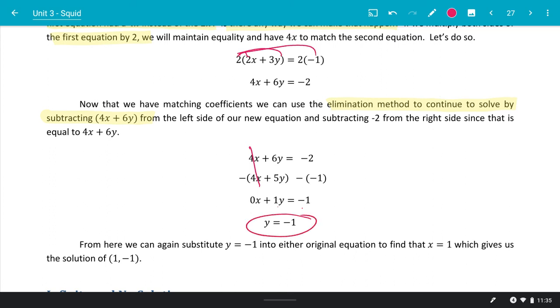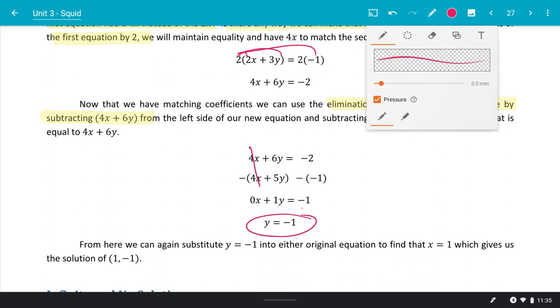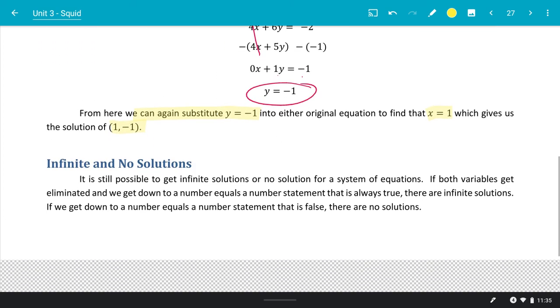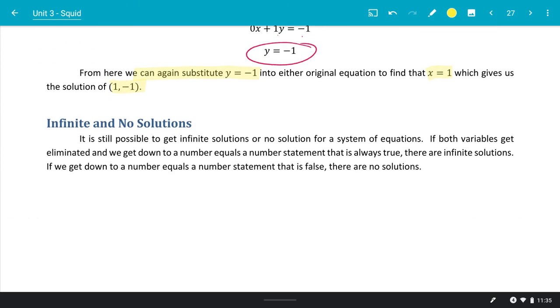So y equals -1. From here, we can again substitute -1 into either original equation to find that x equals 1, which would give us the solution 1, -1.